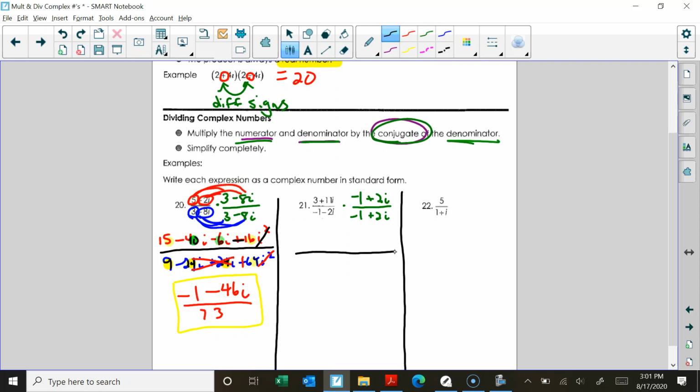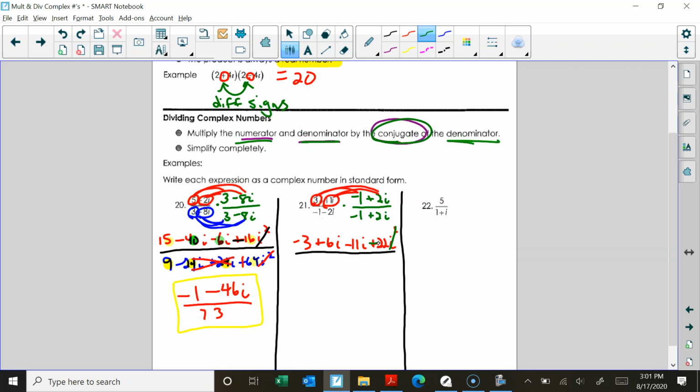So we multiply. 3 times both of those: negative 3 plus 6i. And then 11i times both of those is negative 11i and 22i squared. i squared changes the sign to negative 22.